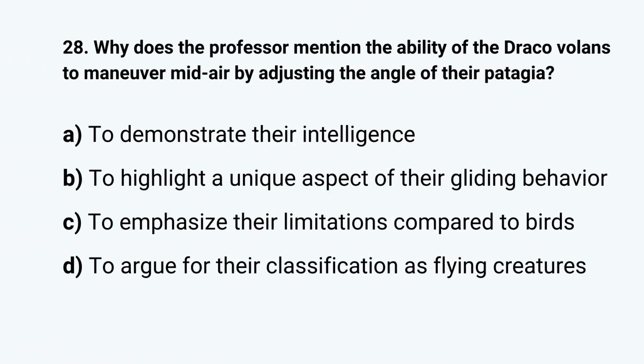Why does the professor mention the ability of the Draco volans to maneuver midair, by adjusting the angle of their patagia?